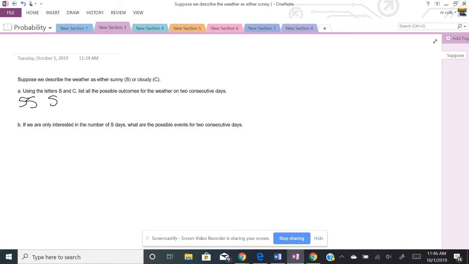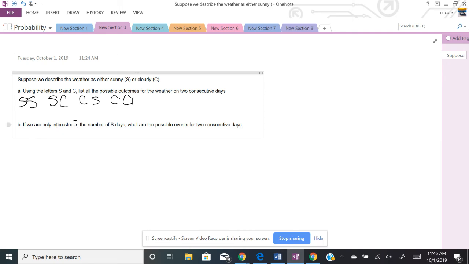You could also have day 1 as sunny, day 2 as cloudy. Or you could have day 1 be cloudy and day 2 be sunny, or day 1 be cloudy and day 2 be cloudy.